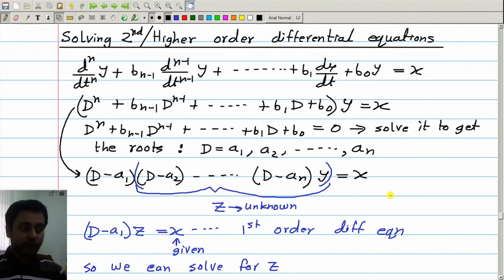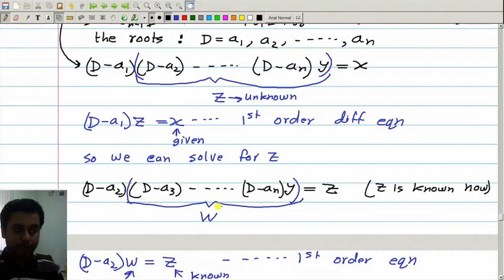Essentially the trick was this: given the differential equation, you break down this differential operator into a product of simple first order operators, and then repeat the process of solving first order equations again and again n times, each time defining a new intermediate signal Z or W and so on.